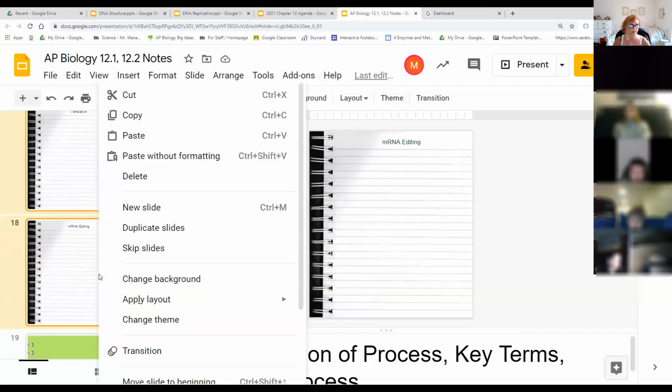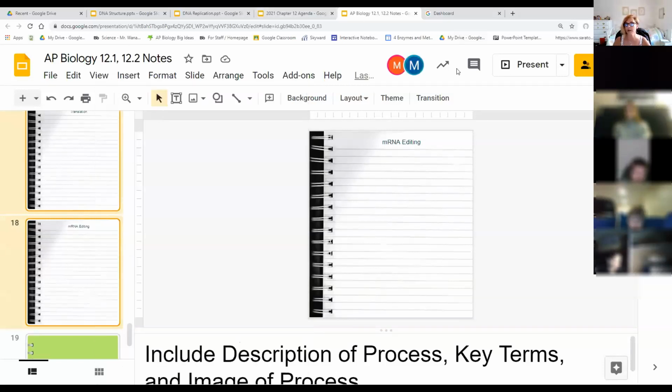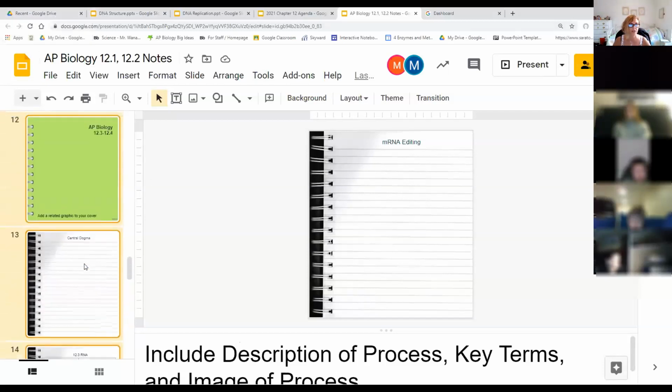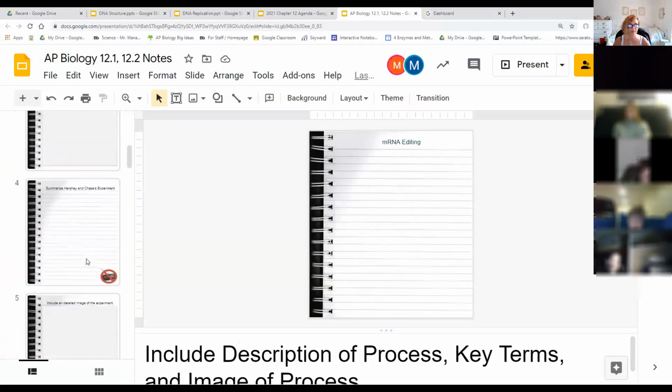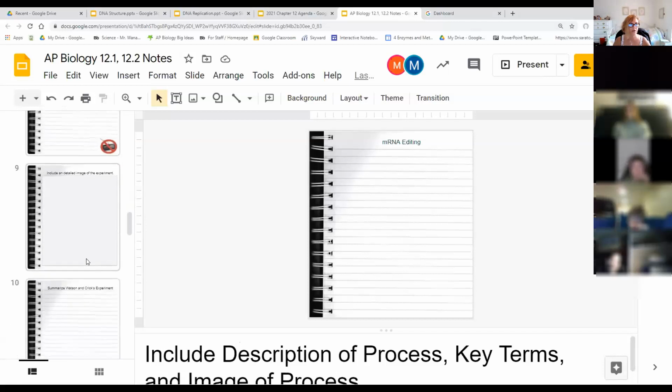I right click, I copy slides, and then I'm going to open up the one that you already own. So you'll go into your drive and open up the notebook that you started with, the picture and the description of each, and then right click.